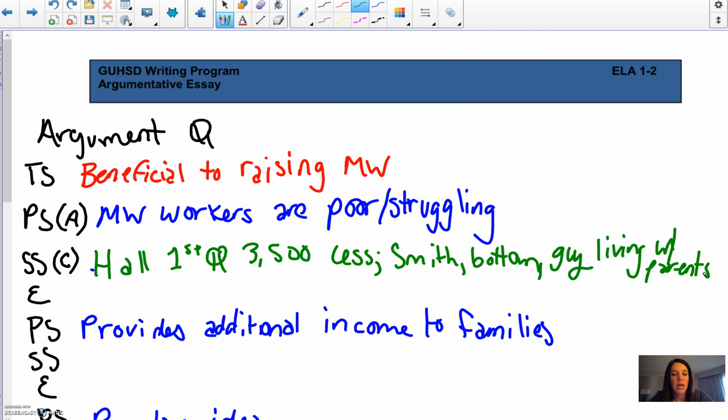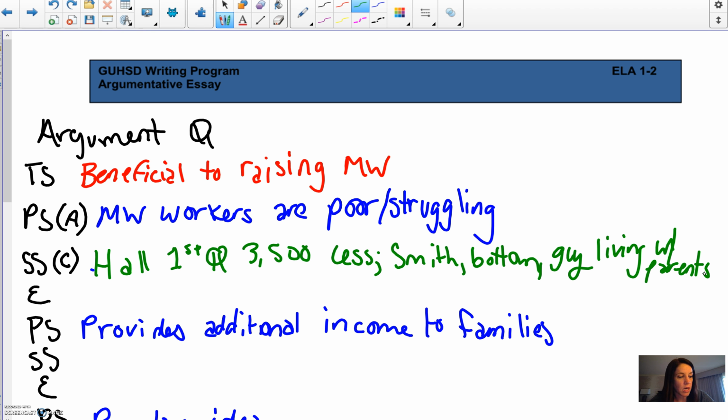So this is, it provides additional income to families. Now this also talks about in the Smith article, if I go back to that, in the Smith article, so that was the first article, it talks about a $2.85 increase would give, so it gives some specific numbers. $2.85 increase would give $6,000 more a year to people, okay?